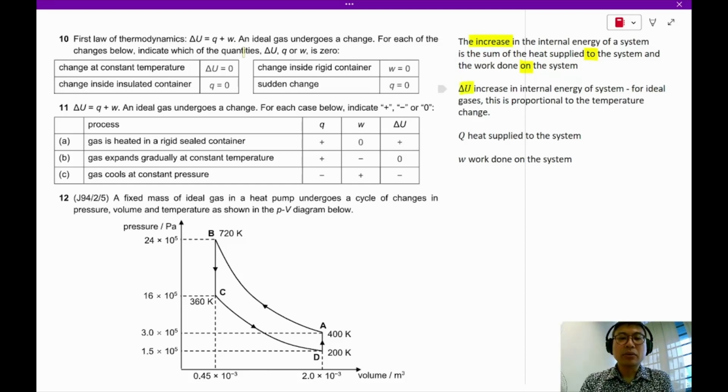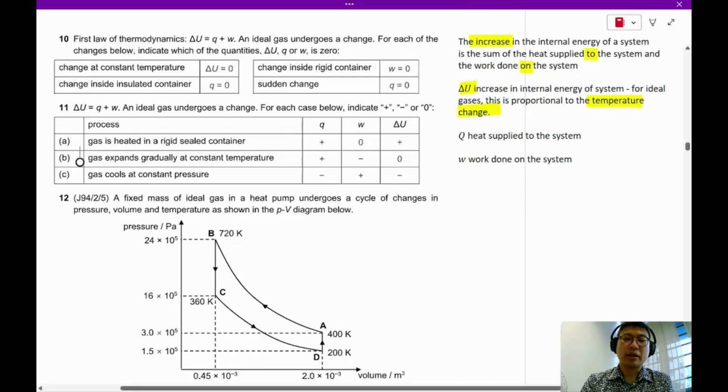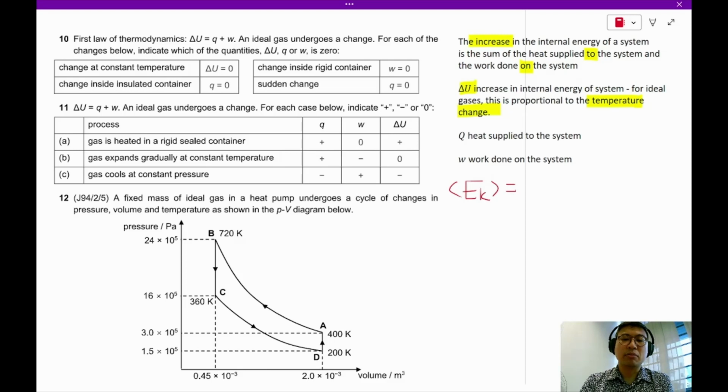Now, for delta U, for ideal gases, the change in internal energy of the system is proportional to the temperature change. What do I mean by that? Remember that for ideal gases, the average kinetic energy of a molecule is given by 3/2 kT, and so the total kinetic energy of a system is given by 3/2 NkT.